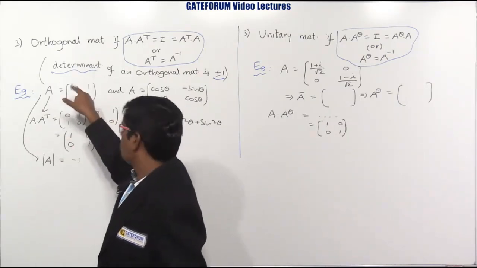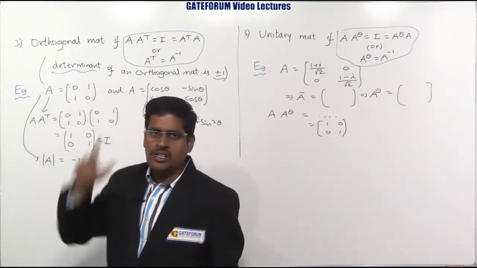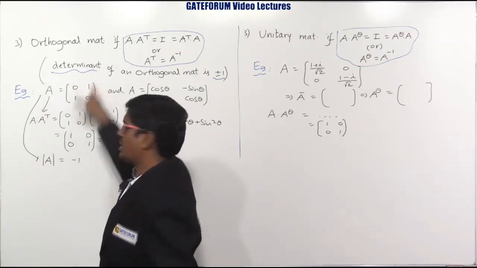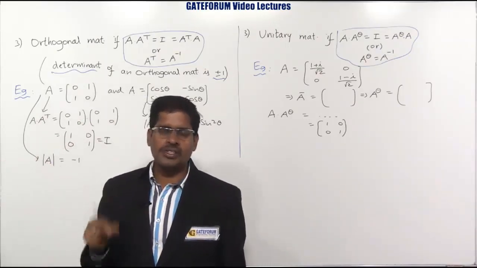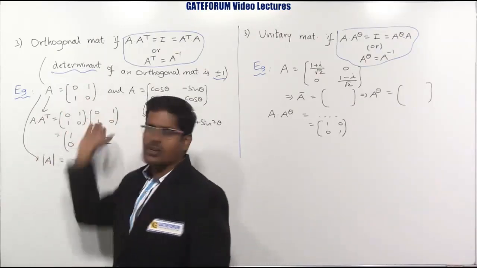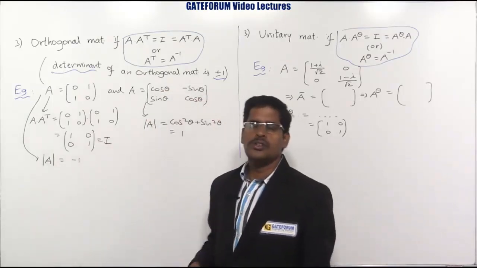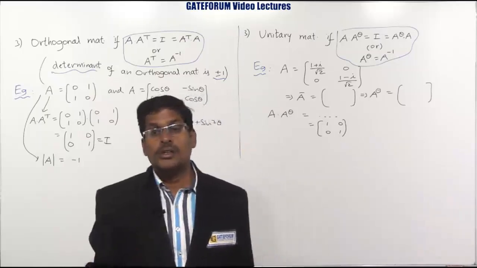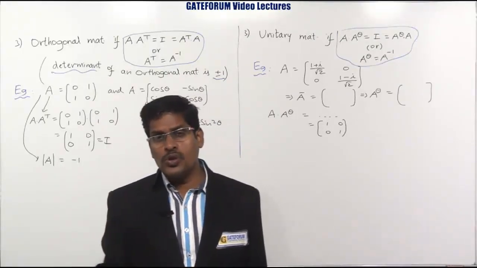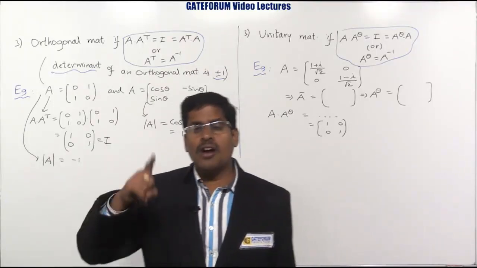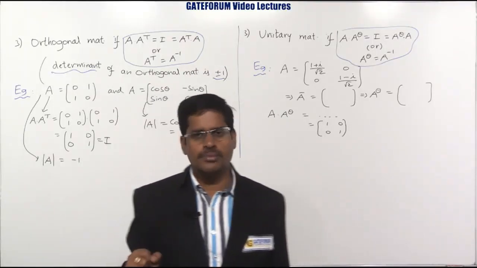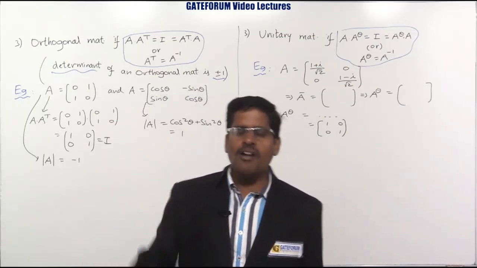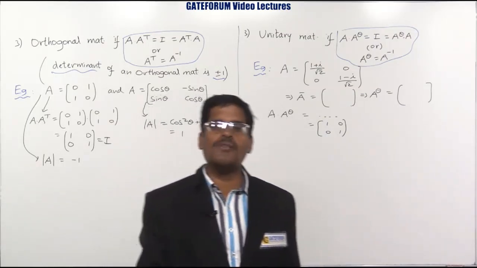Length of each column: this is the first column, elements 0, 1. What is the length of that column? Root over 0 square plus 1 square, that is 1. Length of the second column is the square root of 1 square plus 0 square, equal to 1. Similarly it is satisfied row wise. So when a matrix is orthogonal, immediately you remember the condition: the dot product of every 2 rows or 2 columns is 0, and the length of each row or column is always 1. That is called orthonormal vectors.